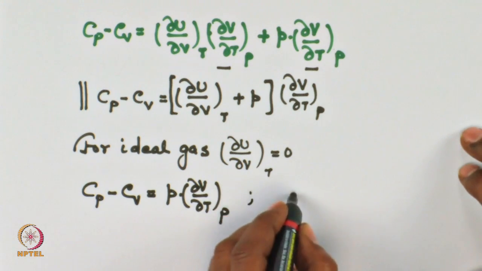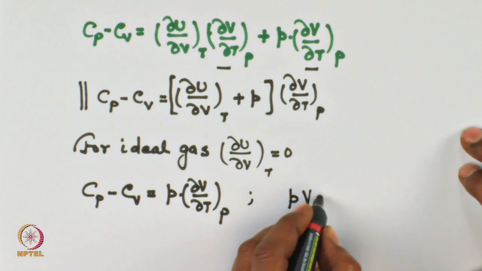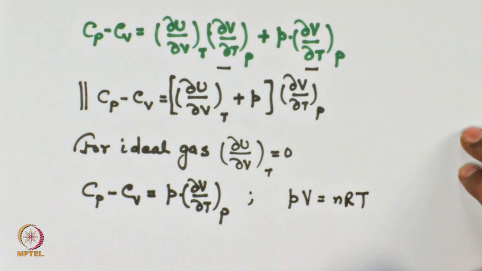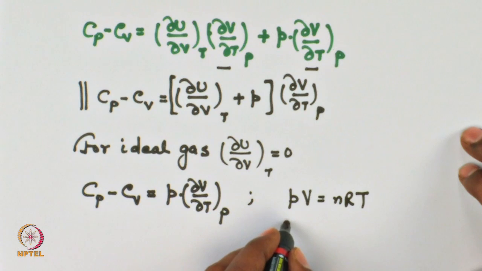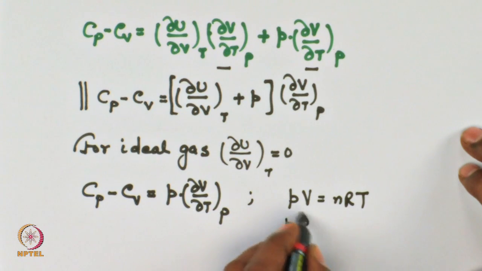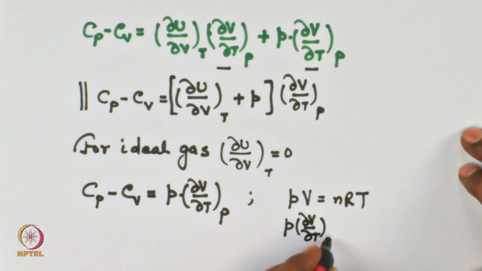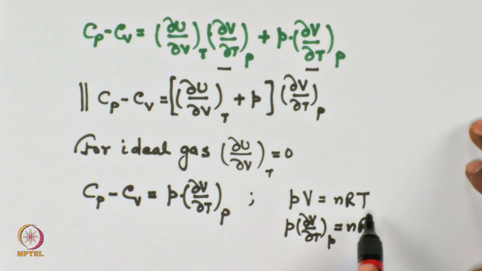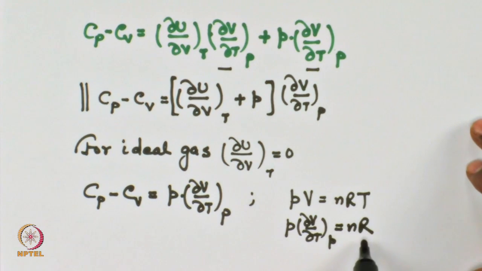Now, you remember that PV is equal to nRT, this is for an ideal gas. So, according to this, P into the variation of volume with respect to temperature at constant pressure is going to be nR. The derivative of temperature with respect to temperature is 1.